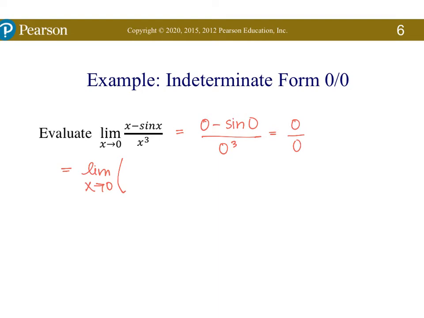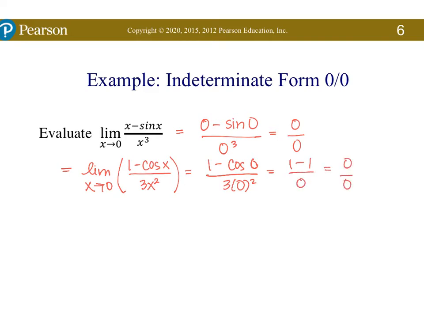So I take my first round of derivatives, 1 minus the cosine of x over 3x squared. That's 1 minus the cosine of 0 over 3 times 0 squared. That's 1 minus 1. So I get a second indeterminate form, which means I'm justified in applying L'Hopital's rule again.